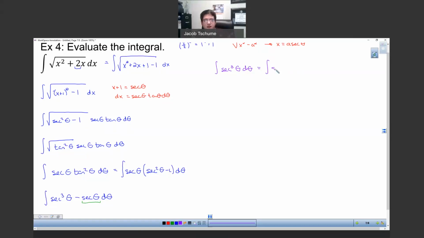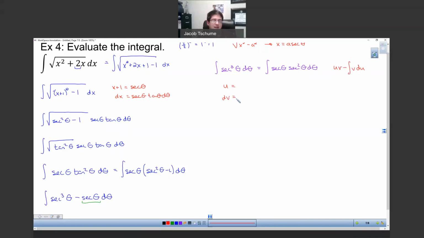Well, as far as this goes, the easier thing to integrate here is going to be secant squared theta, because we know that the integral of secant squared is tangent, so it'll be easier if we set it up this way. Now, remember back in integration by parts, you eventually want to do the formula uv minus the integral of v du, where we have to pick out which function we want to be u and which function we want to be dv.